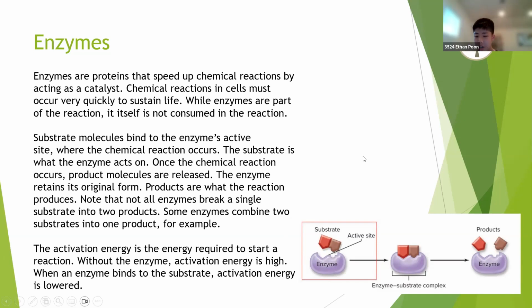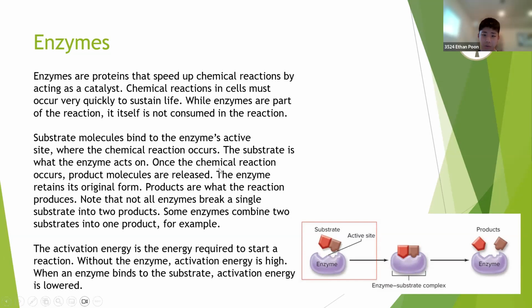Notice how the enzyme does not change. It's still the same from beginning to end. And products are what the reaction produces. And note that not all enzymes break a single substrate into 2 products. Not all of them just break down. Some of them can also take 2 substrates into 1 product, so they can combine stuff too.